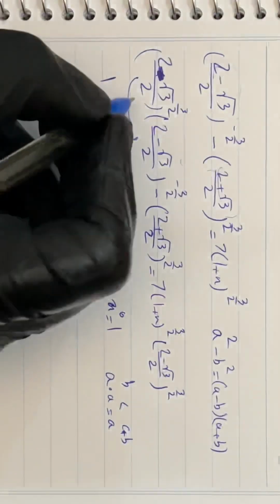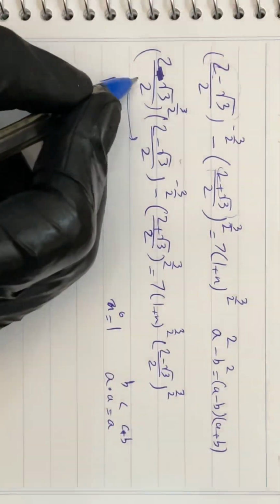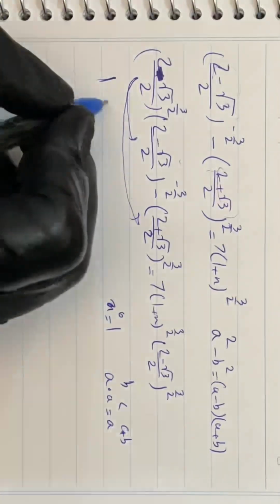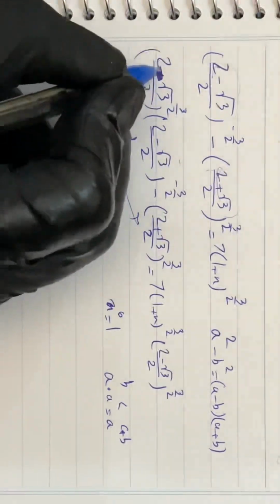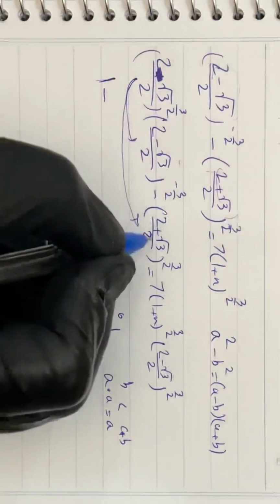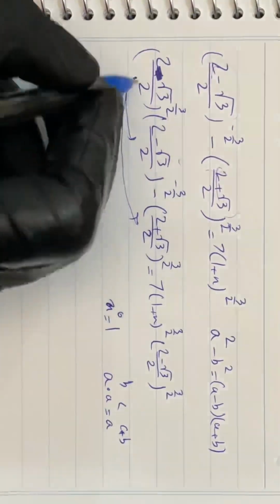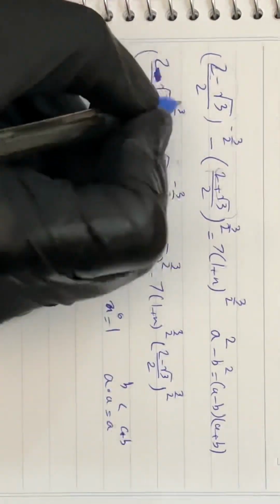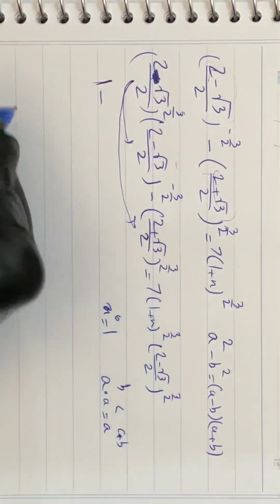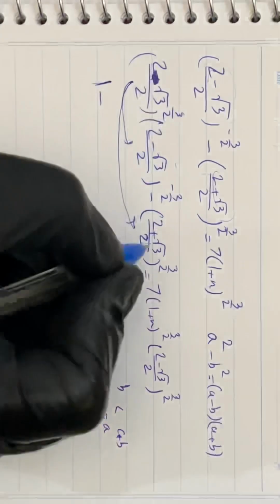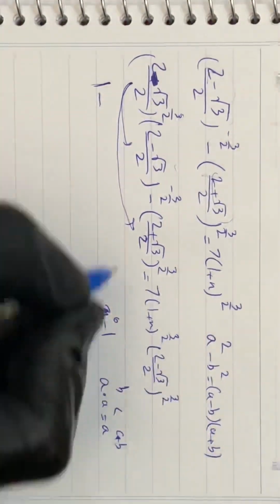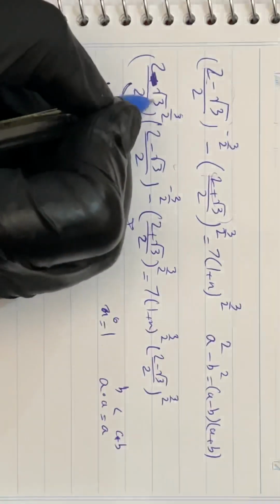So we just have to do this product. If you multiply a fraction, you multiply denominators with denominators and numerators with numerators. And because we have the same exponent, we just multiply the bases. So this multiplied by this would be the difference of squares identity, which will be this to the power of 2 minus this to the power of 2.